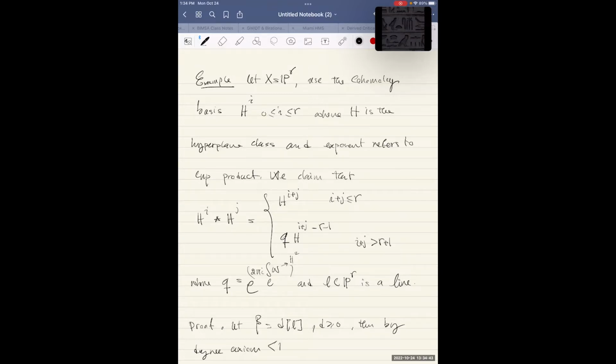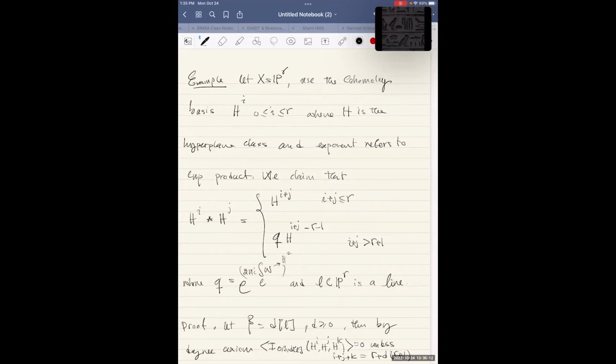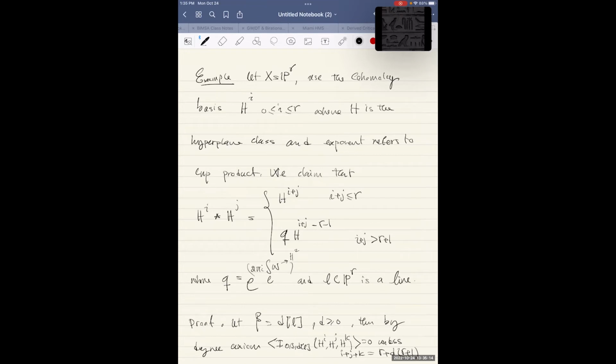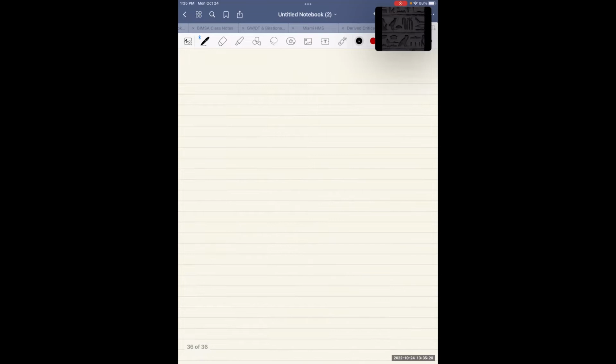We can see that I_{0,3,D times class of the line}(H^I, H^J, H^K) is equal to 0 unless, we have proved this before, I plus J plus K is equal to R plus D times (R plus 1), unless this condition is satisfied. This is the restriction that we have on the sum of I, J, K, because that's the expected degree of the Gromov-Witten class, which is the expected dimension of the moduli space of curves.